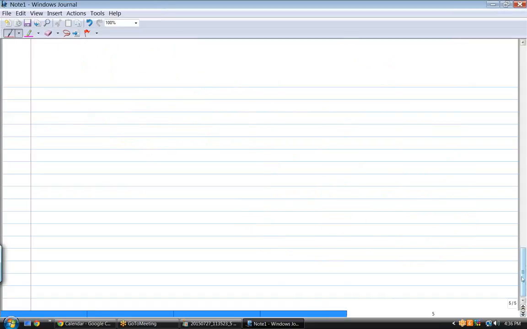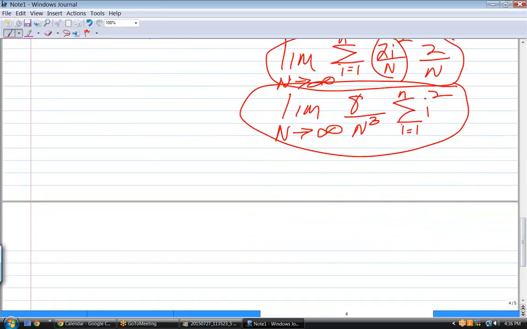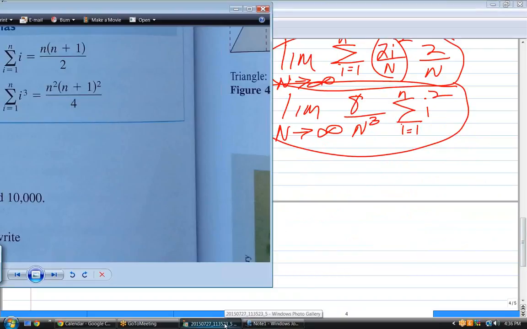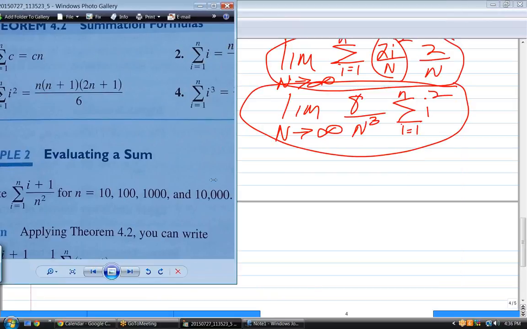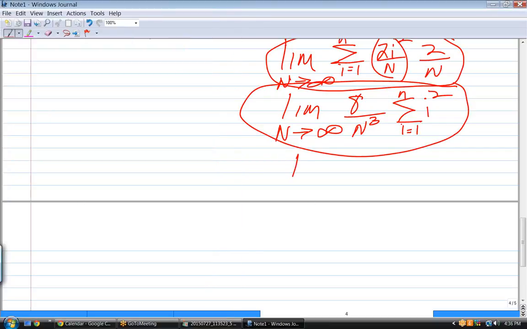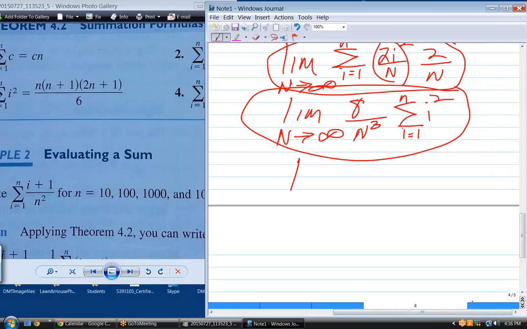And finally, we're going to use the summation formulas. We're going to use it for i squared in this case, which is this one over here. So we still have the limit, as all this does is get rid of the sigma.